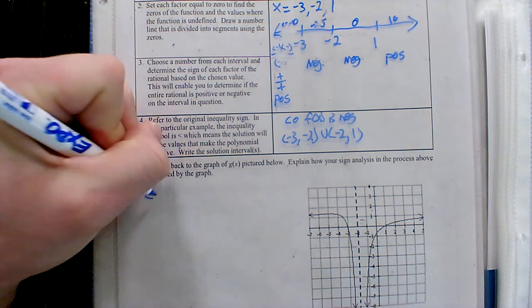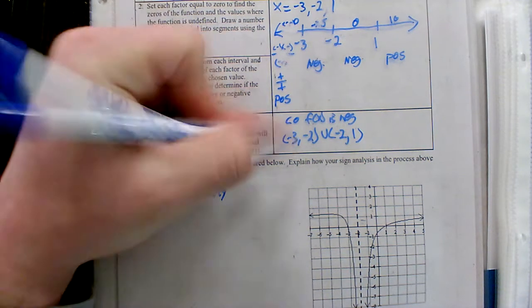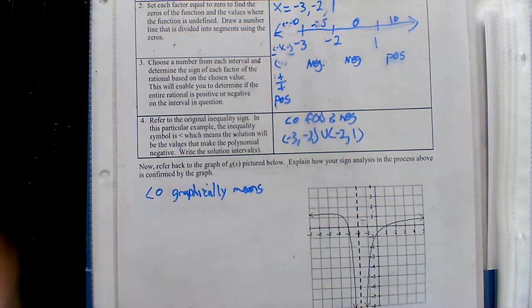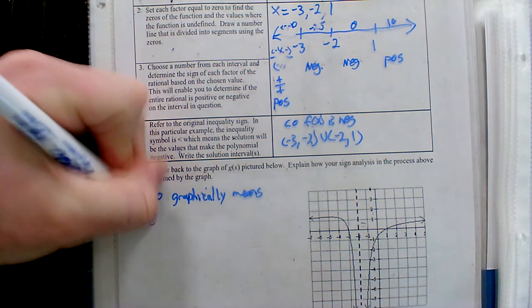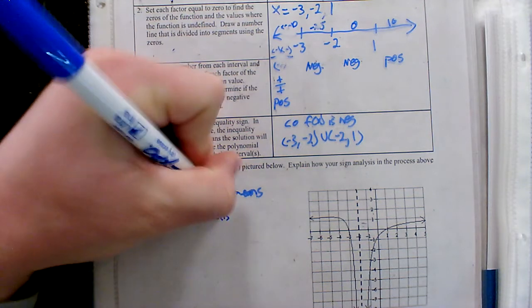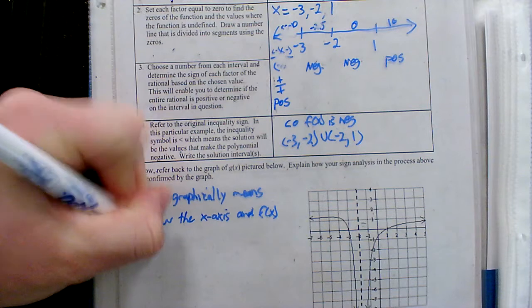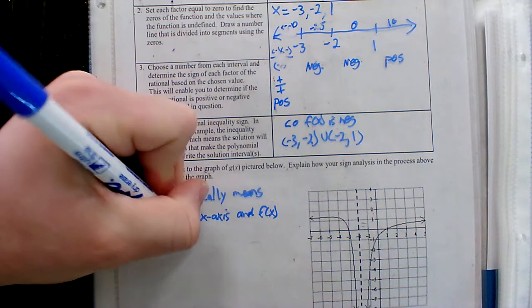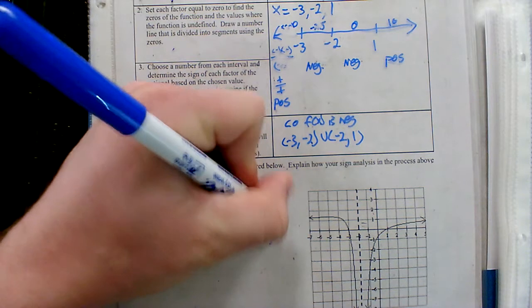If we have less than 0, graphically, this means what? If you're looking for an answer that's less than 0, graphically, what are you looking for? Yeah, your line to be below the x-axis. So graphically means below the x-axis. And f of x is below on -3 to -2, union -2 to 1.